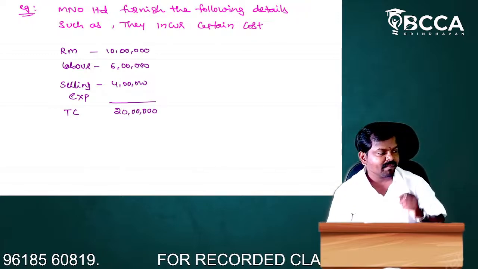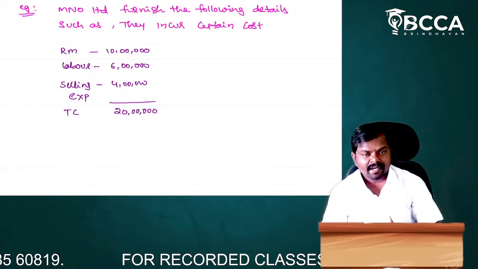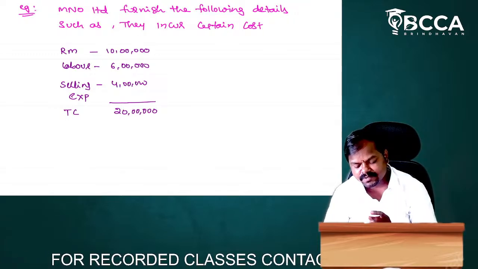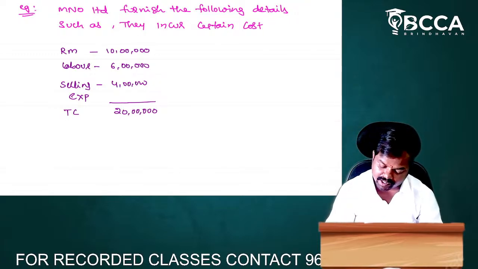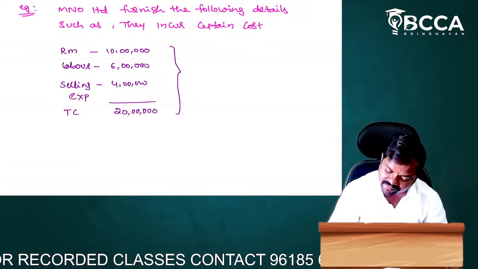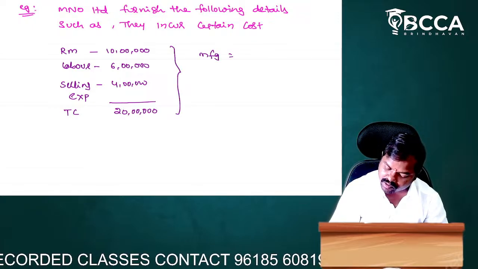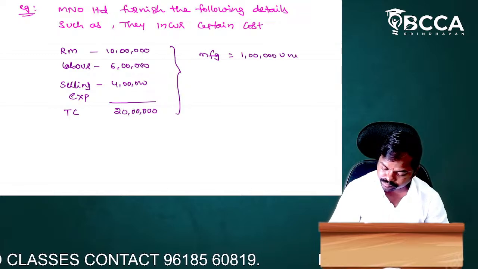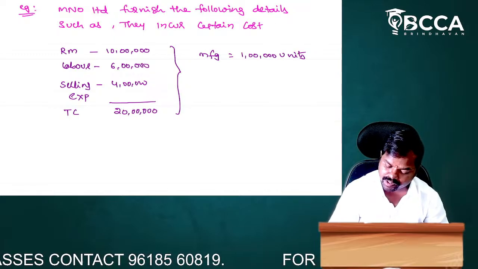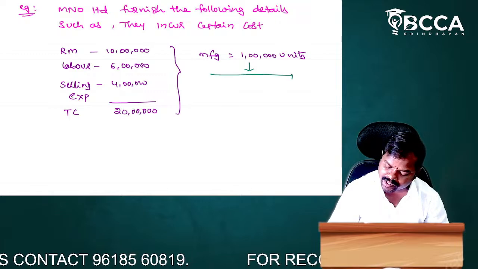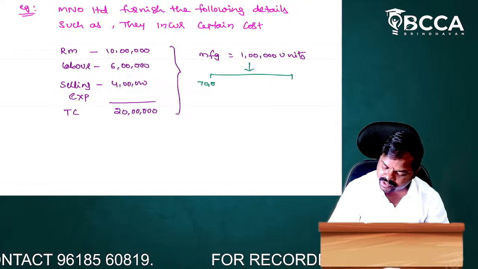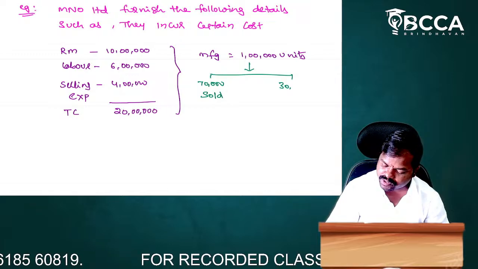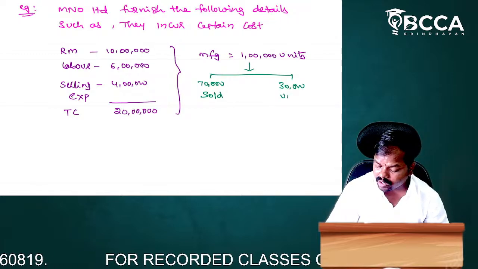Listen carefully, my dear friend. Company incurred raw material cost 10 lakhs, labor 6 lakhs, selling expense 4 lakhs. Total cost 20 lakhs. They manufacture 1 lakh units. Out of 1 lakh units, 70,000 units sold, 30,000 units unsold.